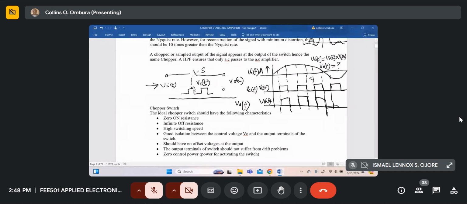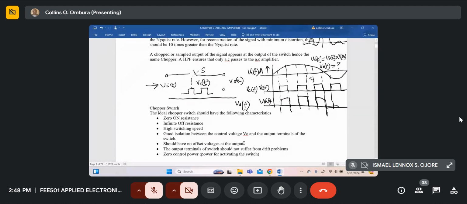We don't want any control voltage appearing at the output of our switch, otherwise it gives rise to errors. Then the switch also should not have an offset voltage at its output. We shall see how this comes in later on. Of course, with things like relays, there's no offset voltage. When a relay is open, it's open, unless you ionize the contacts, if the contacts of the relay are air.